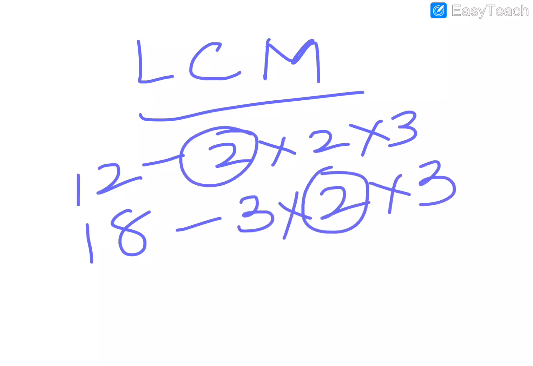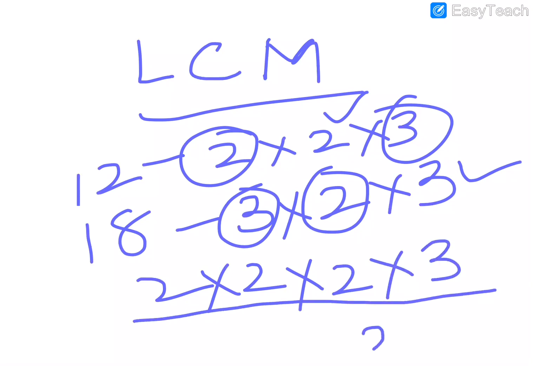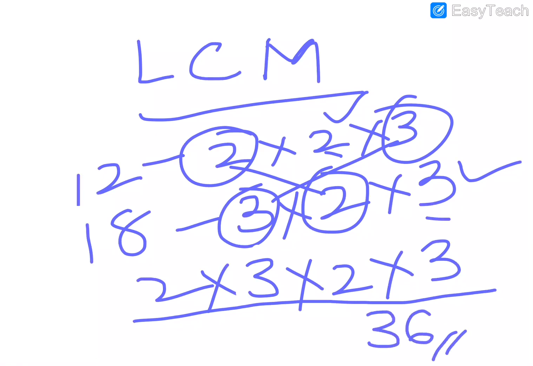Now what is common? 2 is common and 3 is common, so we write these common numbers only once, and the other left out numbers also. So 2 into 3, and the left out ones are 2 into 3. So it is not 24, it is 36. This is how you are going to solve this sum.